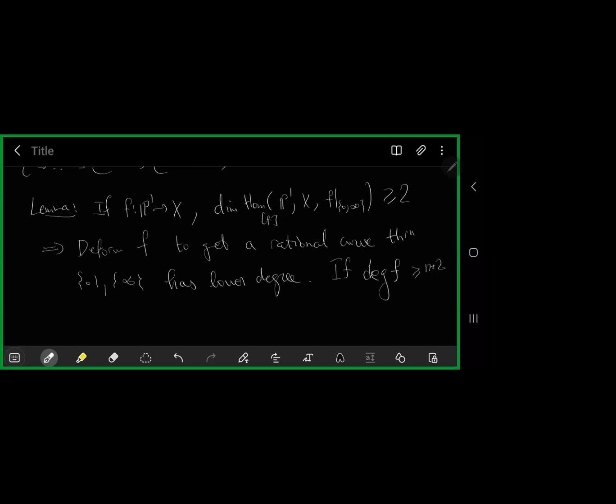Okay. So what this ensures is that if the degree is greater than or equal to m plus 2, you can reduce it. You can pick a better rational curve. And you can keep doing this to ensure that the degree of the rational curve is at most m plus 1.